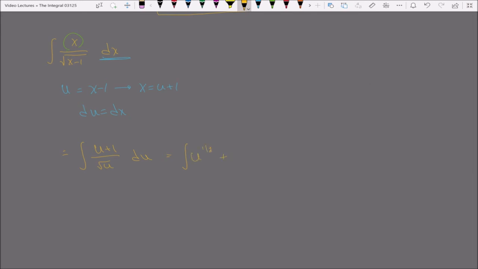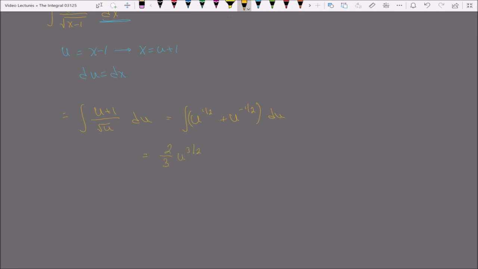Then it'll be plus u to the minus 1/2 du. That'll be 2/3 u to the 3/2 plus 2u to the 1/2. And u was x minus 1, so we get 2/3 x minus 1 to the 3/2 plus 2 times x minus 1 to the 1/2 plus our constant.